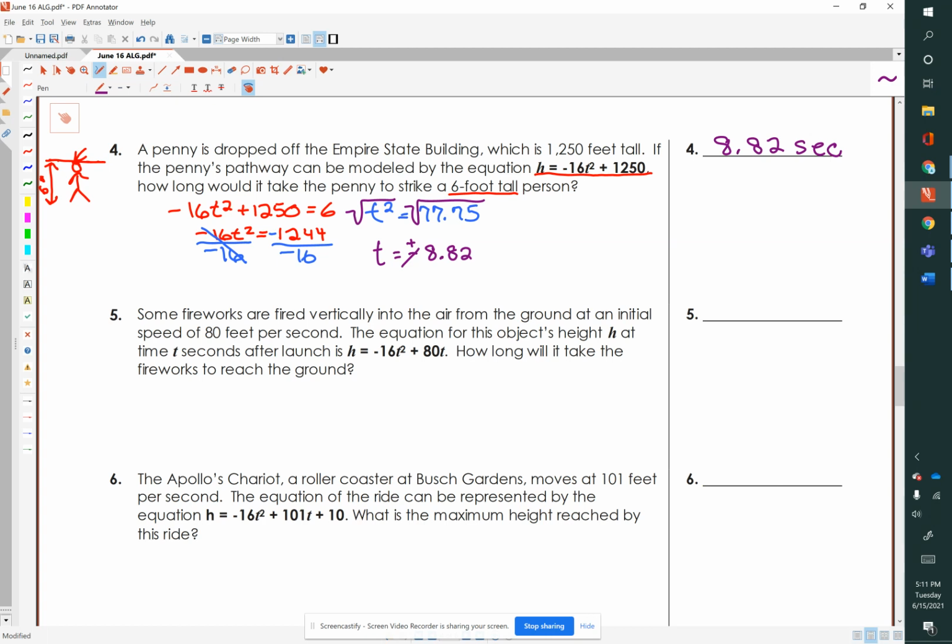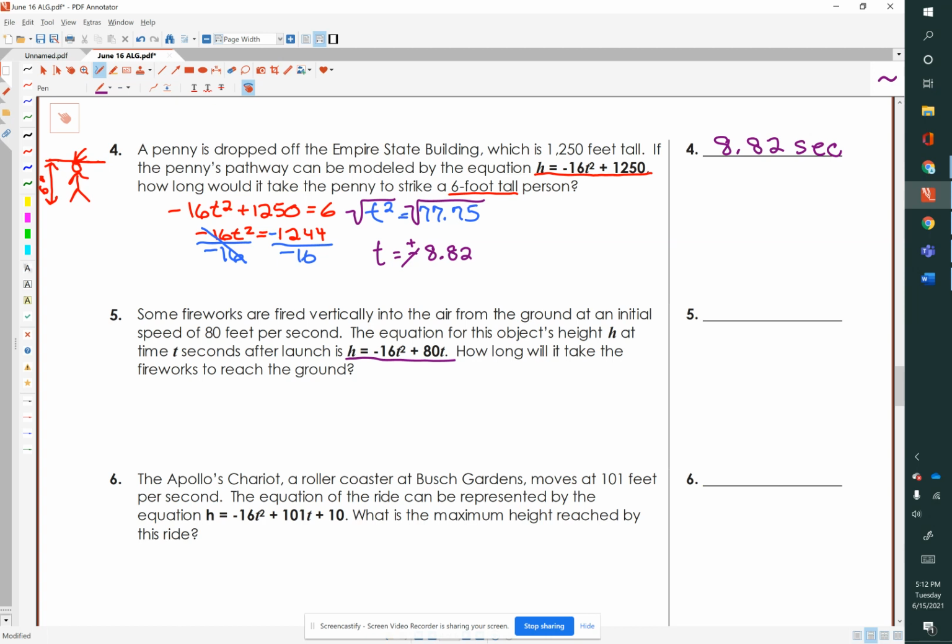Some fireworks are fired vertically into the air from the ground at an initial speed of 80 feet per second. The equation for this object's height, h, at time t seconds after launch is h equals negative 16t squared plus 80t. How long will it take the fireworks to reach the ground? So we don't want to know the maximum height.